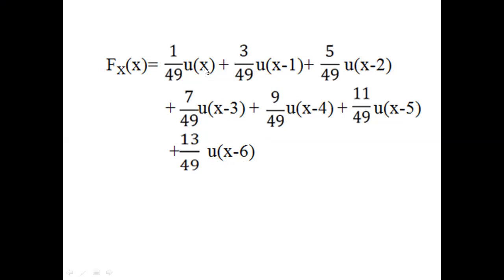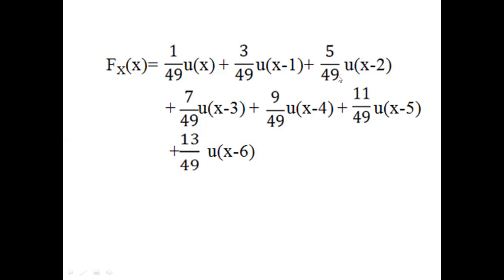How? Here, 0 is the event. At 0, the distribution function is 1 by 49. At 1, the distribution function is 1 by 49 plus 3 by 49, that is 4 by 49. At 2, the distribution function is 1 by 49 plus 3 by 49 plus 5 by 49.